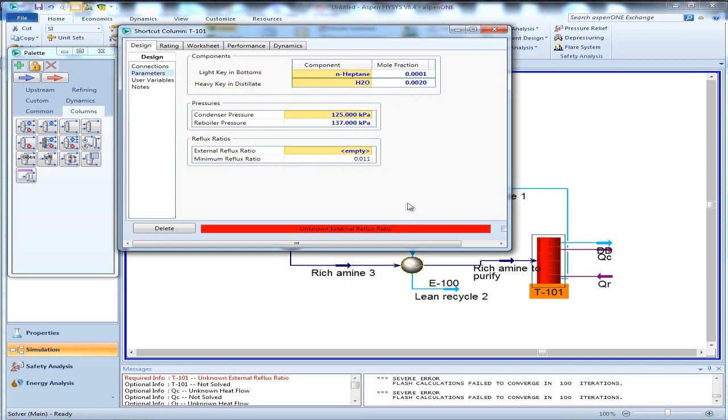Because according to the separation of DEA and C7, they have a very high difference in boiling point temperature, so it's easy to separate. So in this case, we just want to put in a safety factor and set the external reflux ratio equal to 1 or 2.